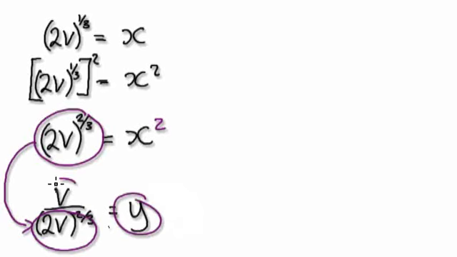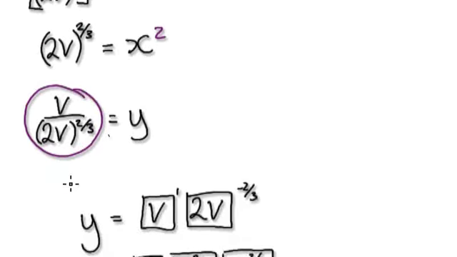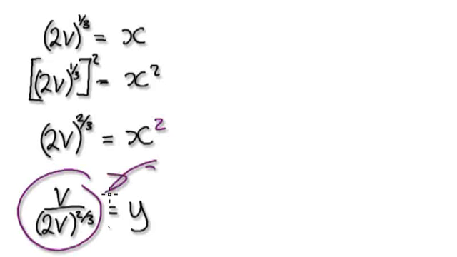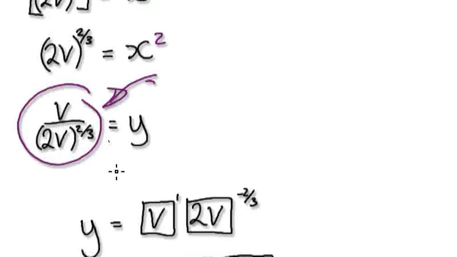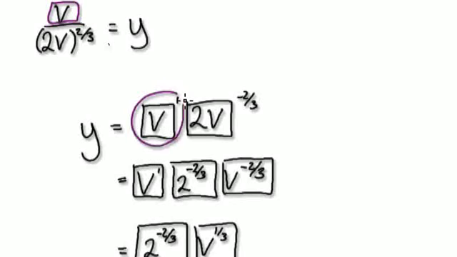So y is given by this here. Let's tidy up this thing here. We can leave it as this, but let's tidy it up. Visualize this as v to the power of 1 times this thing here.